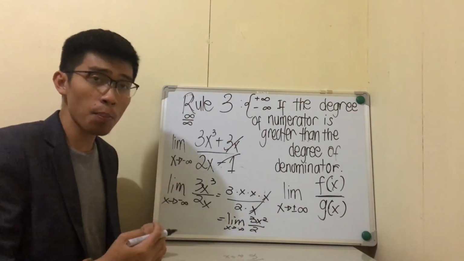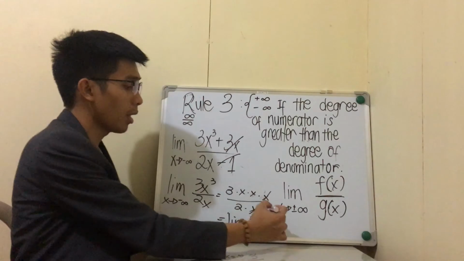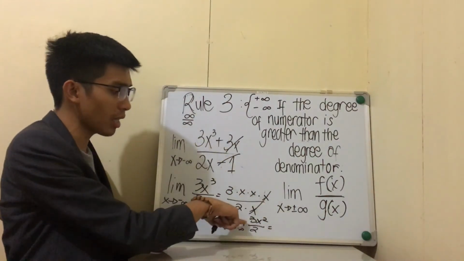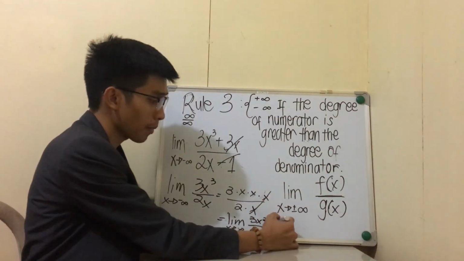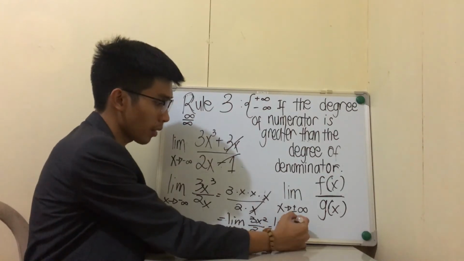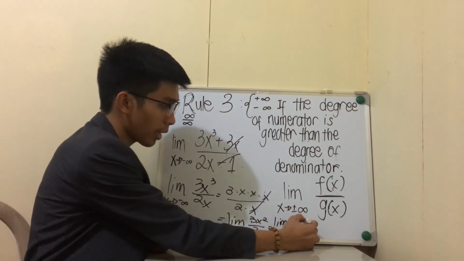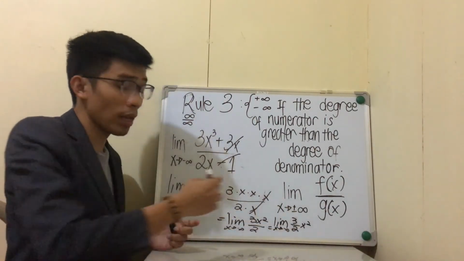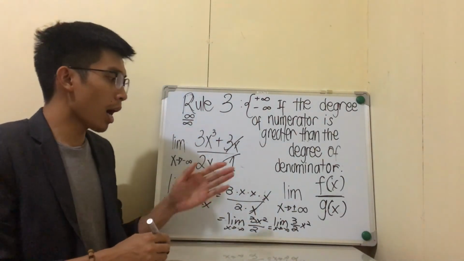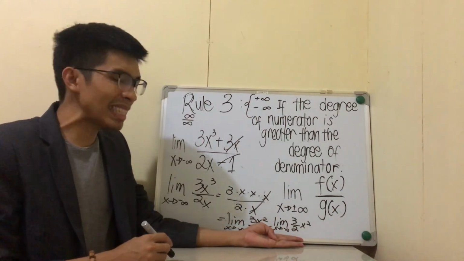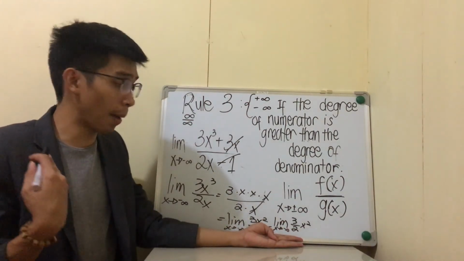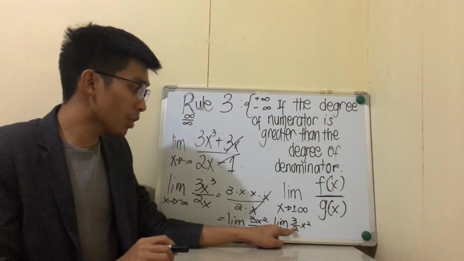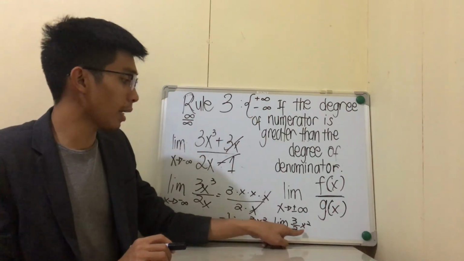Let's continue simplifying this example. Now we can write this problem as the limit of 3 over 2 times x squared as x approaches negative infinity. And obviously this form was discussed in our previous example, where 3 over 2 is considered to be our constant, and x squared.